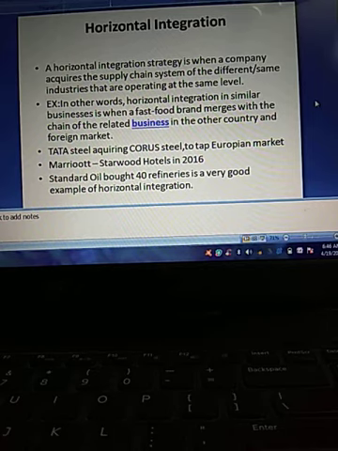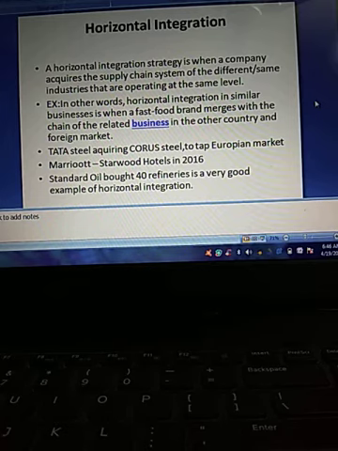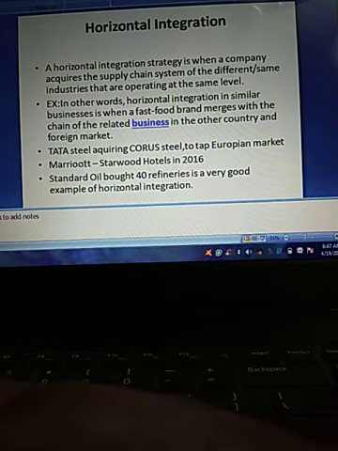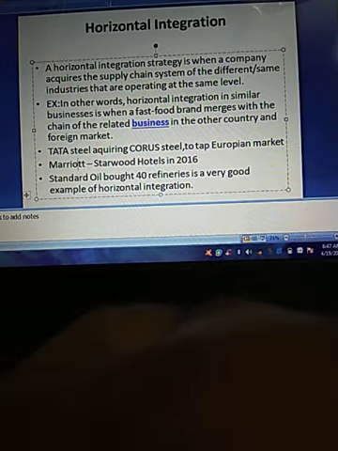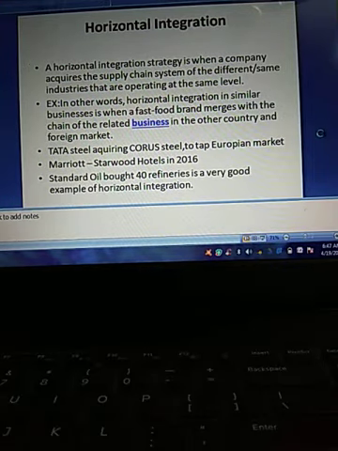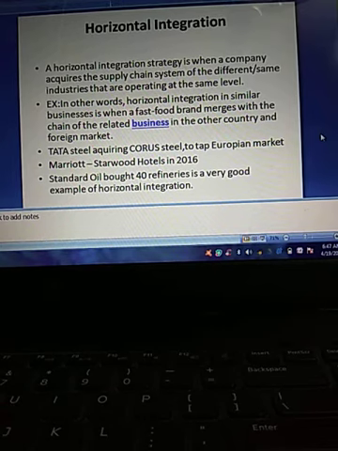Both are doing the same kind of business, but Tata acquired all the rights of Corus Steel. And one more example is Marriott Hotel, having purchasing rights of Starwood Hotels.